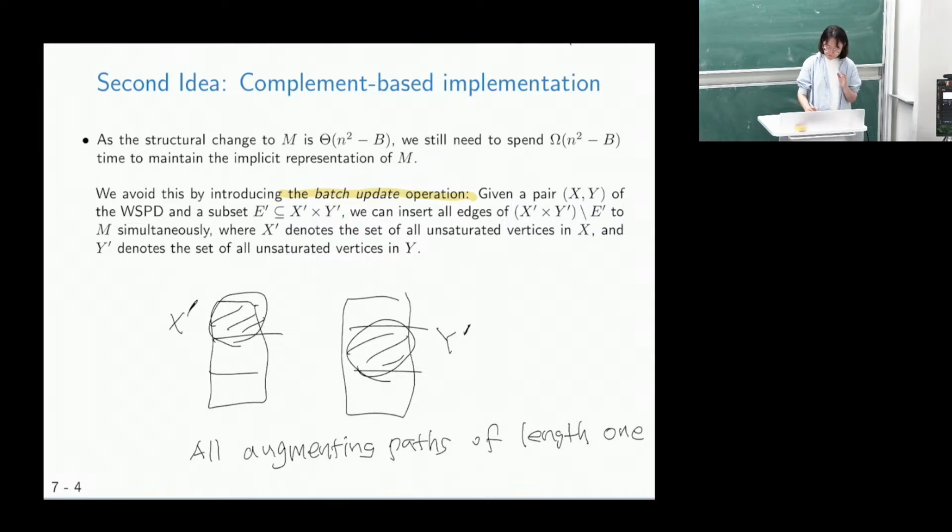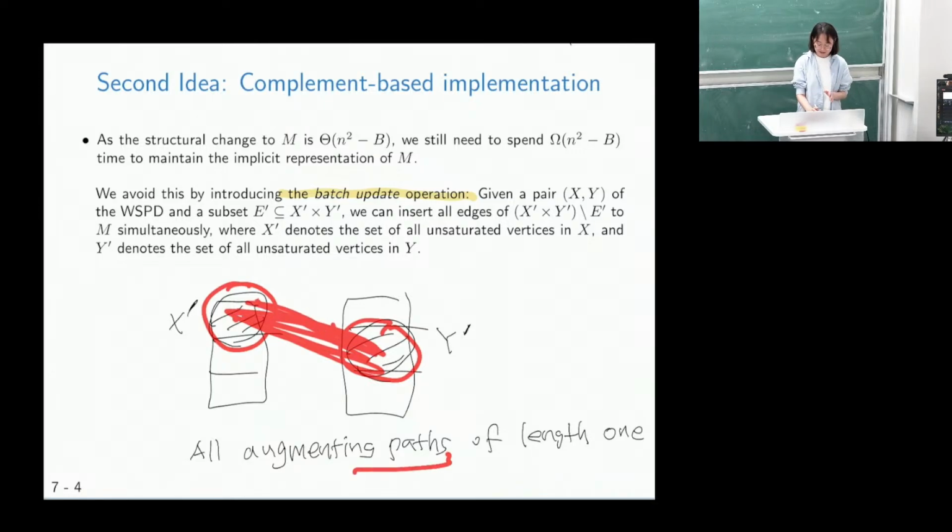The set of all augmenting paths of length 1 can be partitioned into a constant number of subsets, such that for each set, the complement of this augmenting path in this complete graph has size order of B.